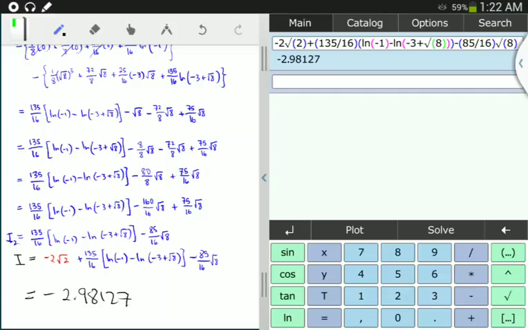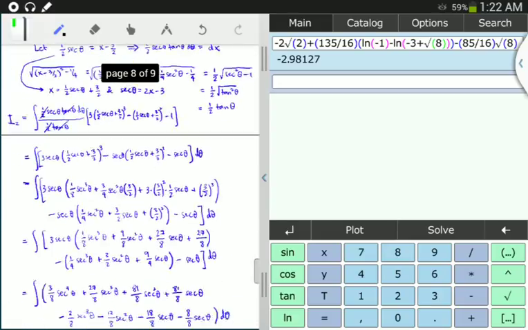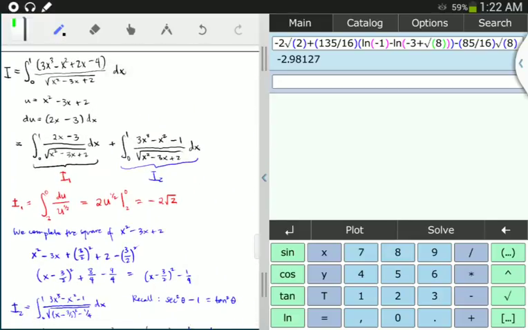Don't take my word for that, because what we can do is show you that if we really had the correct answer, let's calculate this numerically.